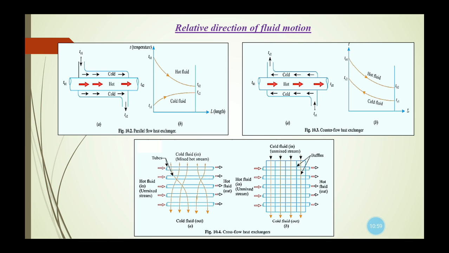Now the flow arrangement and variation of temperatures of these hot and cold fluid streams in case of this parallel flow, we can see in this diagram: they are moving in a unidirectional way, parallel to each other.